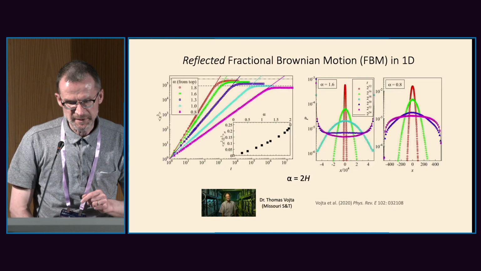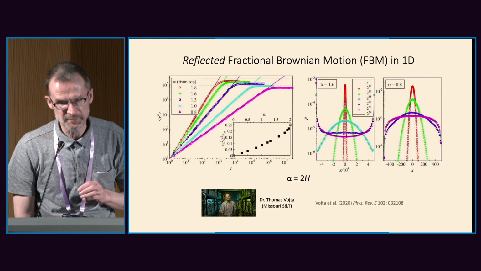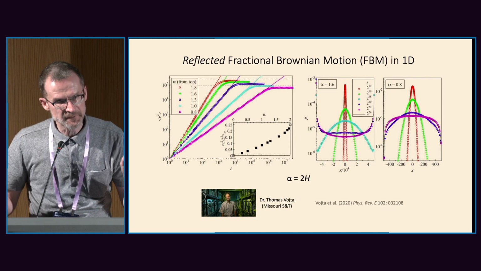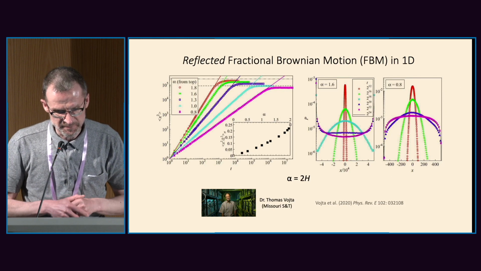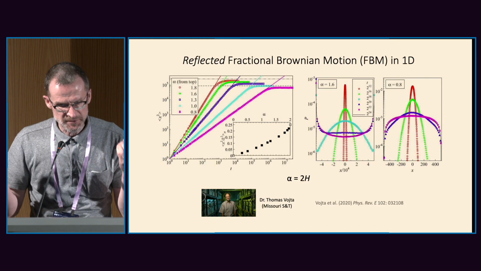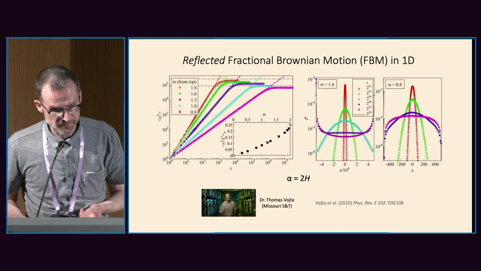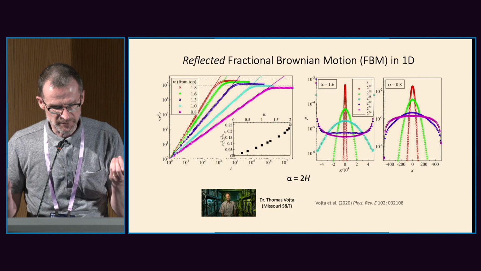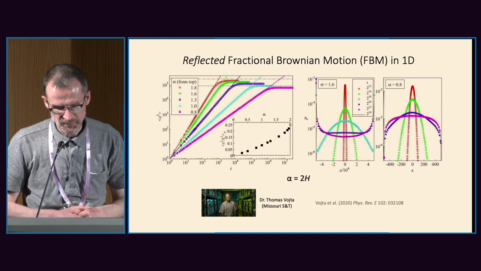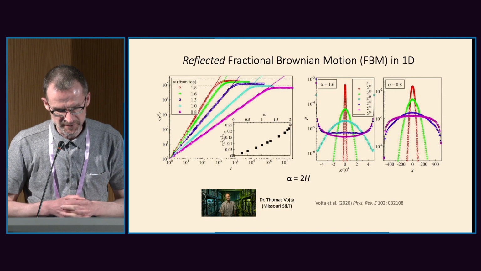Now, what we did in our lab, we extended even the theory of it in addition to doing actual experiments, in the sense that we also study what's known as reflected fractional Brownian motion. This is a complex mathematical problem, so we've been doing this hand in hand with physicists and applied mathematicians.